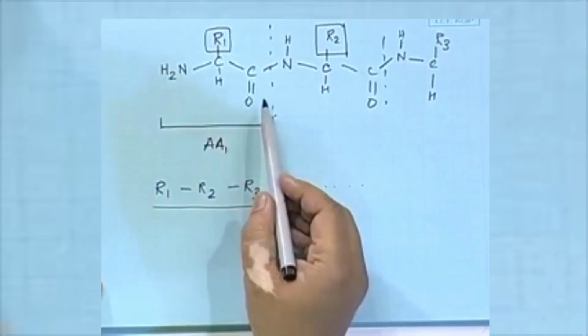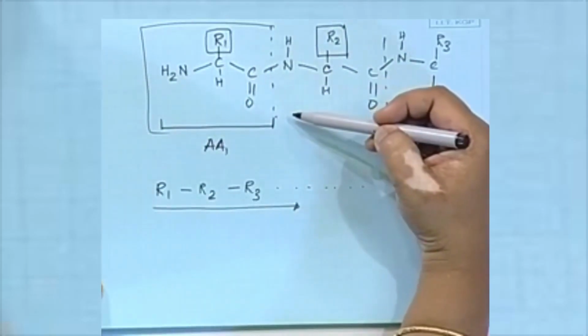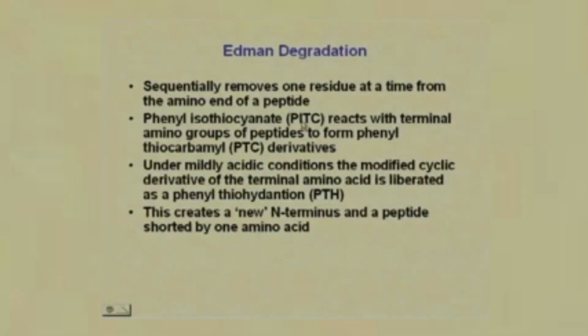And for this, we have to have a reagent that is going to link up with this amino acid and cleave it off the rest of the polypeptide chain. So what are these reagents? We have one that is called PITC. PITC is phenyl isothiocyanate, which reacts with the terminal amino groups of peptides to form what are called PTC derivatives. All you need to know is that with Edman degradation we are chopping off the N terminal end every time, not the C terminal.